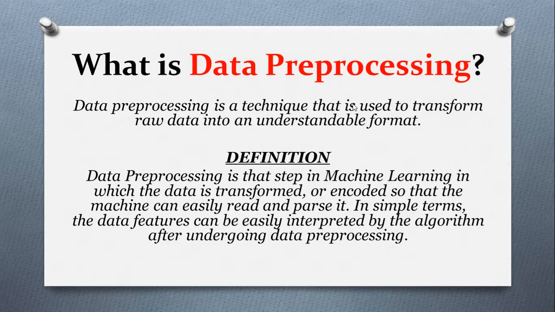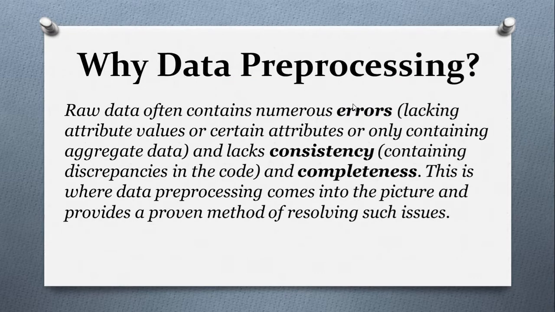To further simplify things, let us understand why data pre-processing. Once we understand why we need data pre-processing, the entire purpose of explaining data pre-processing will be crystal clear to you. Now raw data can be anything.